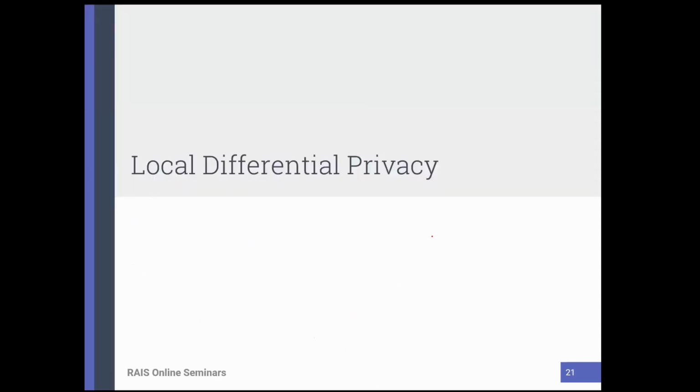And now let's go to the other main topic about differential privacy, which is local differential privacy, which is what is used in practice by many big companies like Google, Apple, and for sure there are others that I don't remember at the moment.